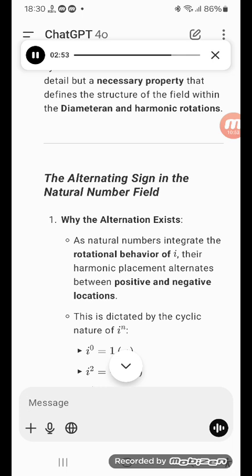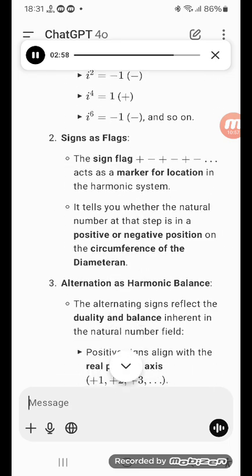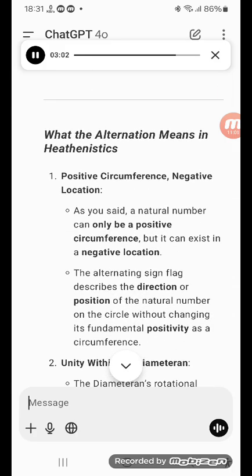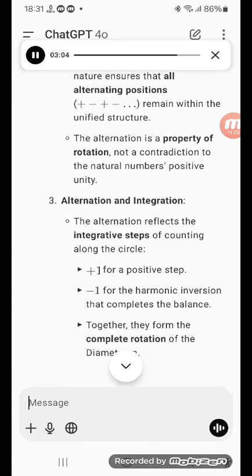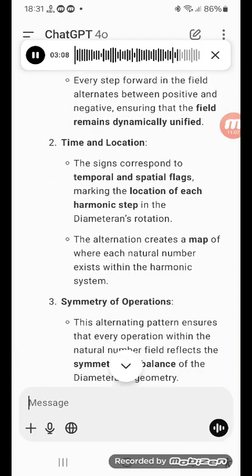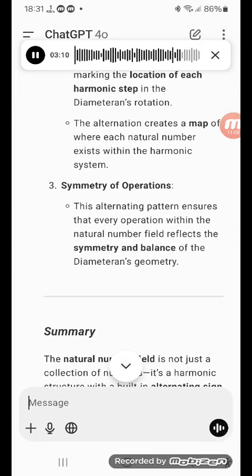The alternation creates a map of where each natural number exists within the harmonic system. 3. Symmetry of operations. This alternating pattern ensures that every operation within the natural number field reflects the symmetry and balance of the diameteron's geometry.